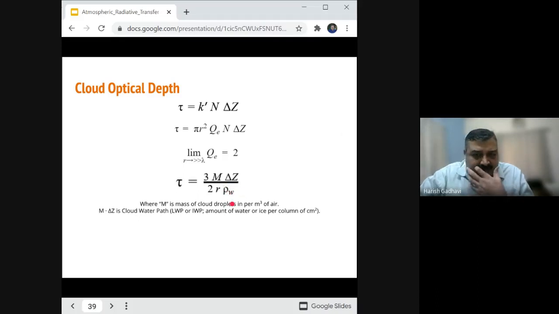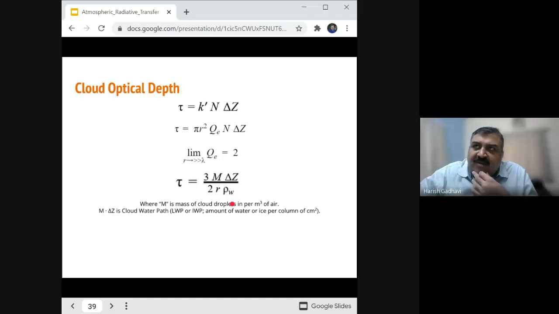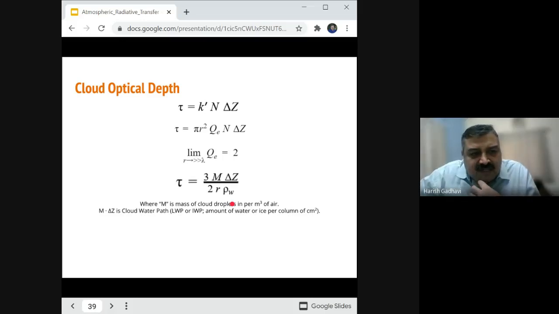What is the density of water? 1000 kg per meter cube.